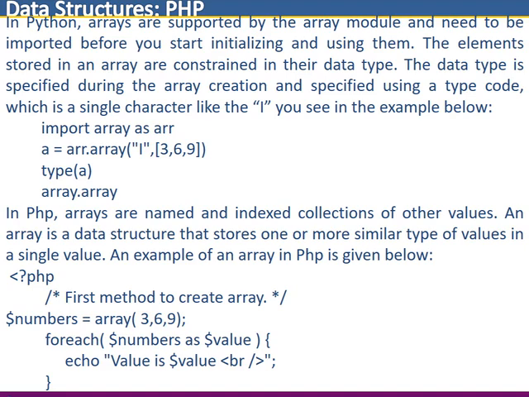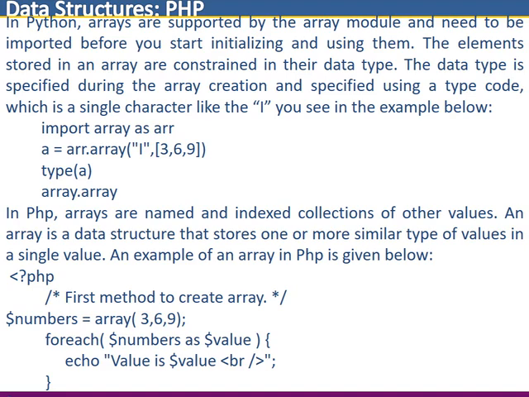Import array as arr, equal to arr.array, inside the brackets a single quote type code, comma, then 3, 6, 9.